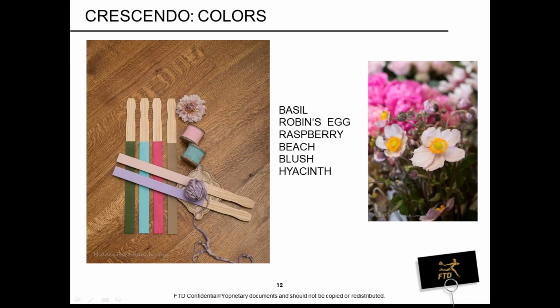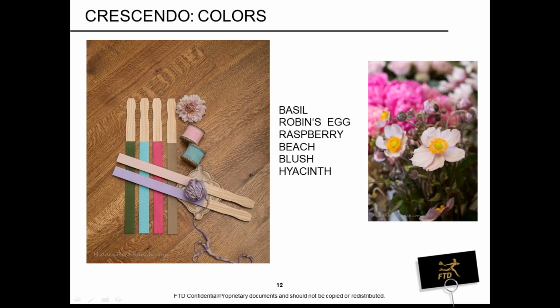Robin's egg is actually that accent color. Again, don't fear that color being in flowers, but just use it as an accent color. If it's a container, if it's ribbons, other types of accessory items that might be added in, think of it as that robin's egg. Then also the raspberry, I mentioned the high note.